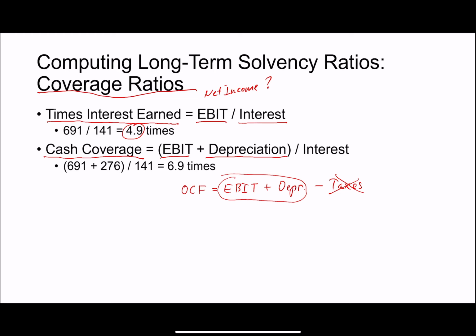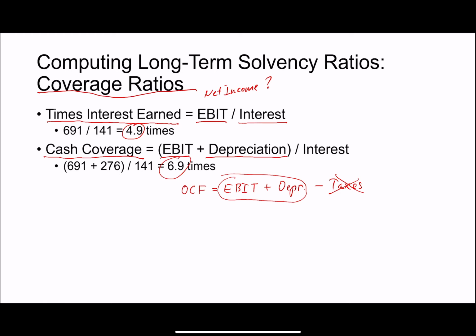And that makes sense if I'm a bank and I want to know the company's ability to pay interest. All I need to do is look at its pre-tax operating cash flow, and that's going to be EBIT plus depreciation. And again, looks like the company is doing pretty well. It has that ratio equal to 6.9 times.